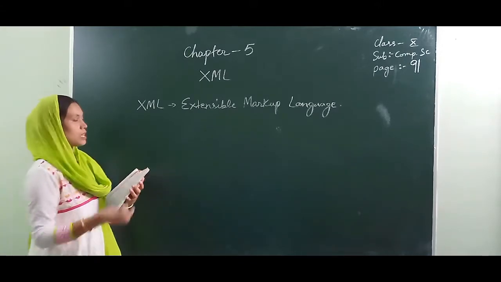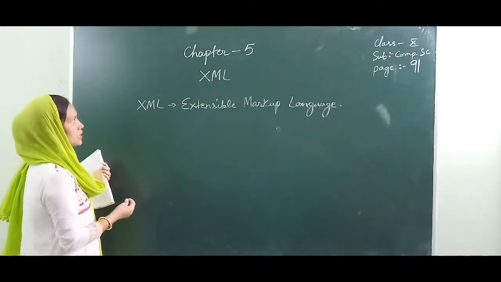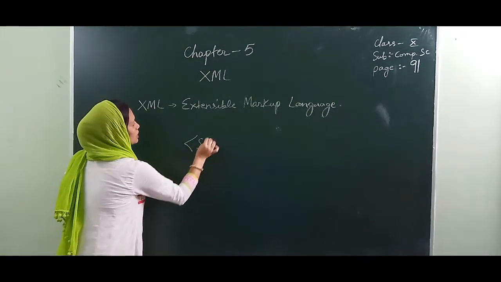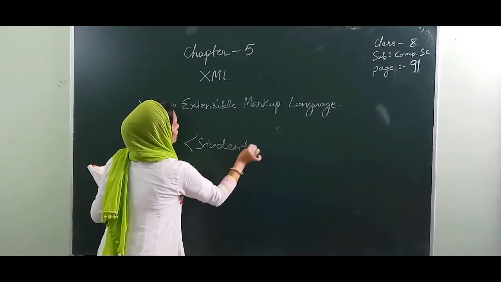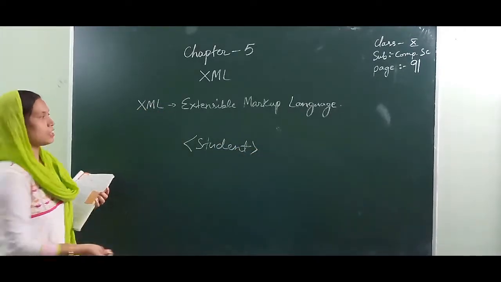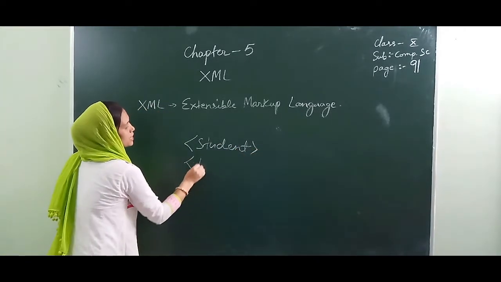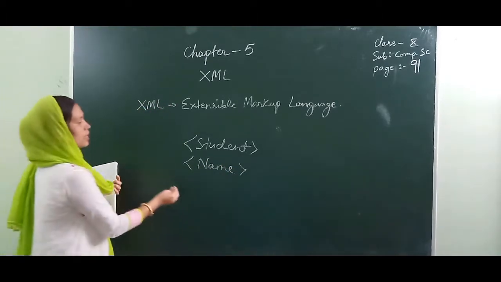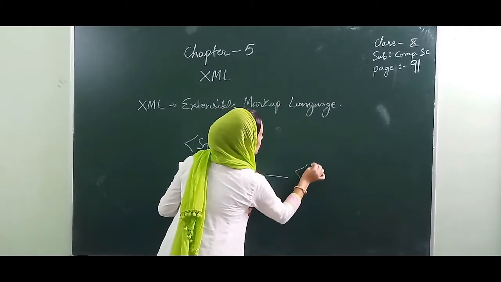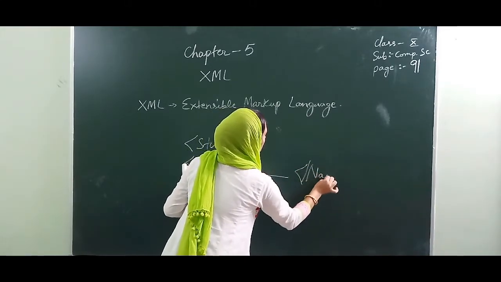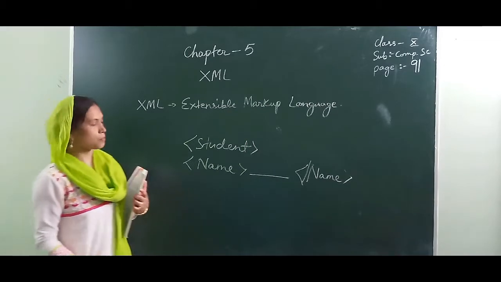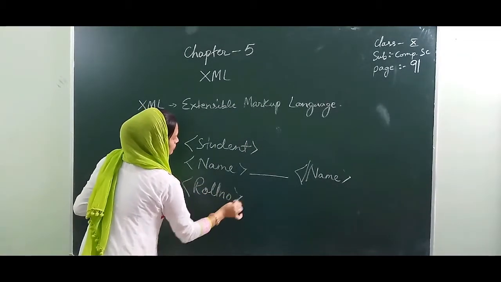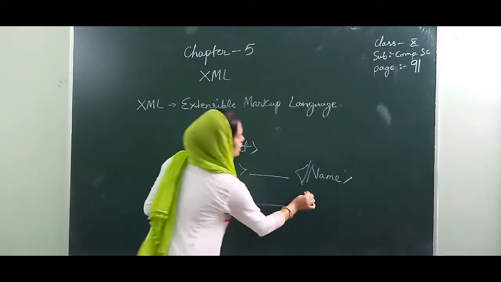Suppose you want to create a page with the help of XML, then take student as a tag. Within this student, you can include the name. That is also a self-defined tag. Then after giving a name, we will close the name tag. Then suppose the roll number, give one roll number here, then close the roll number.